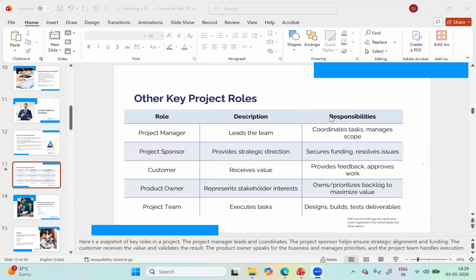DJ, I have a generic question regarding the templates and the dashboards. What all are being used by PMs? Are we going to talk about them as well? PMBOK doesn't talk about dashboards or templates. PMBOK talks about artifacts. So PMBOK doesn't provide any templates, but PMBOK talks about 50 artifacts.